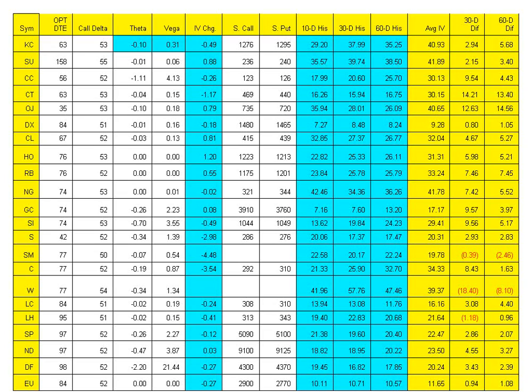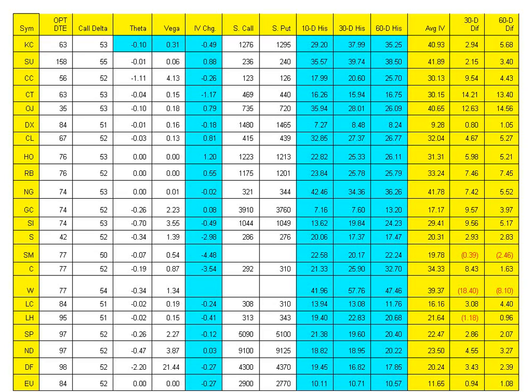In coffee, we see 40.93. As you can see, the differential, which is in the next column, is 2.94 vols over the 30-day historical, and it's 5.68 vols over the 60-day.